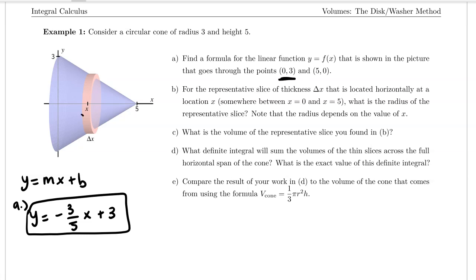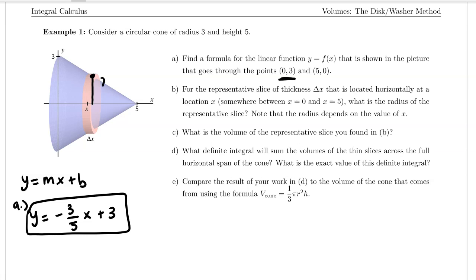I just happen to choose some arbitrary place to make my cut in this cone-shaped loaf of bread, where a slice of bread is kind of going to be a circular cylinder. Because this is a circular cylinder, I want to find the radius of that cylinder, and the radius of this cylinder is the distance between the center to the outer edge right here.